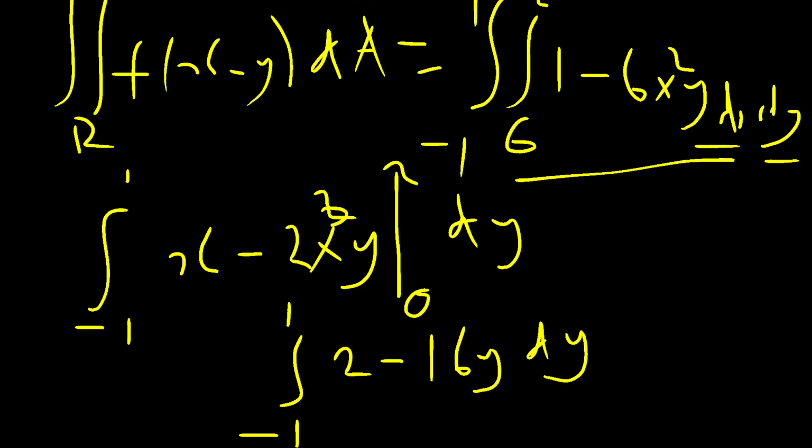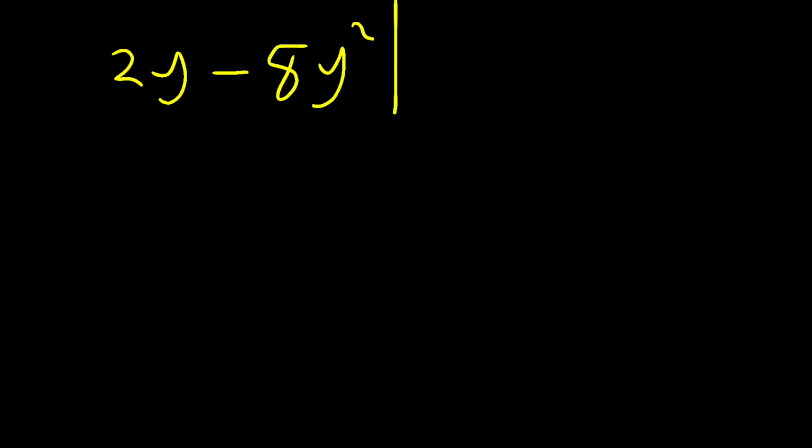Next we integrate this with respect to y, so that now we have 2y minus 8y squared, running from -1 to 1.